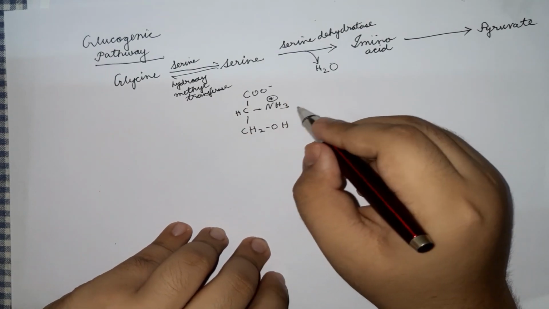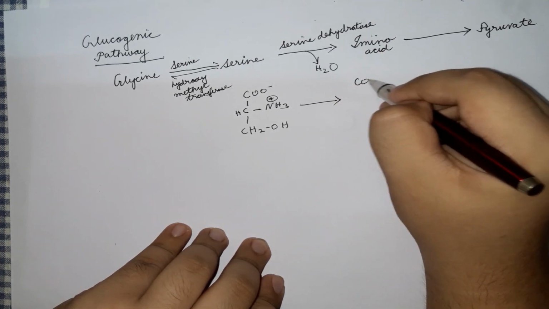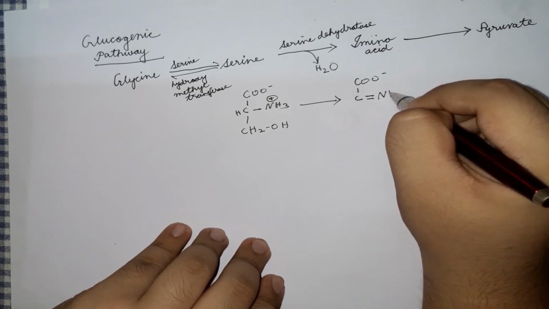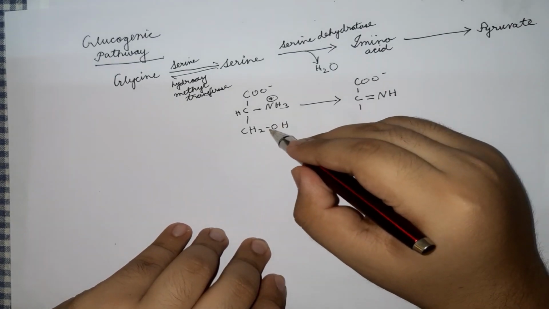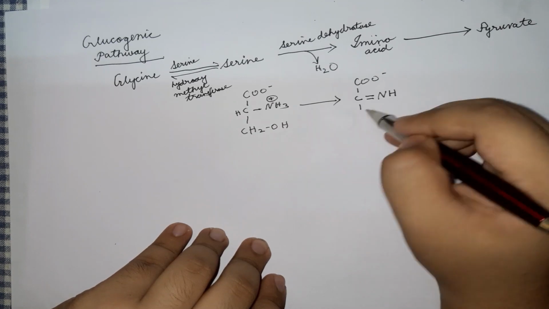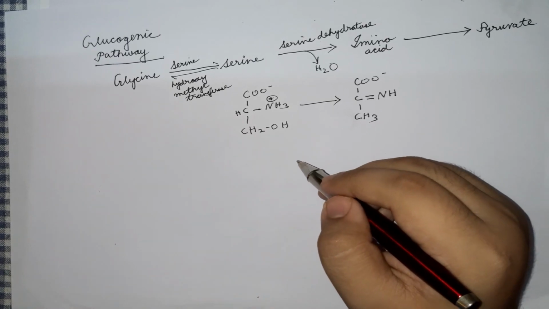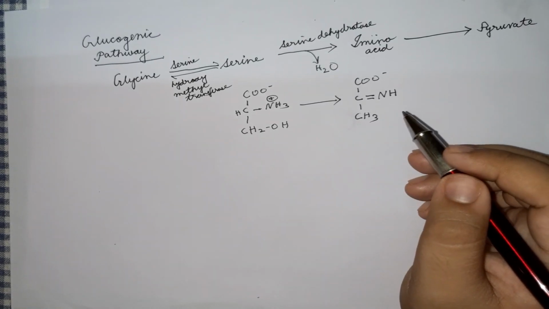If you remove a molecule of water, what is formed is COO minus and C double bond NH. This is interesting. And this OH is given out. So in the form of CH3 it will remain, right?